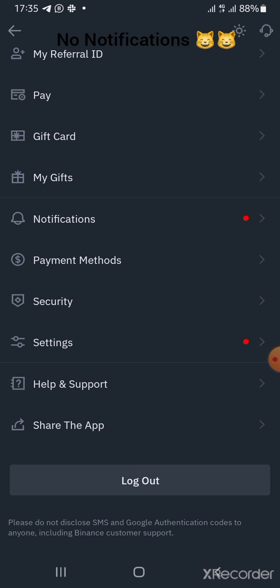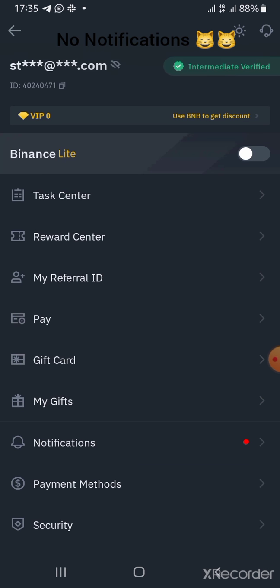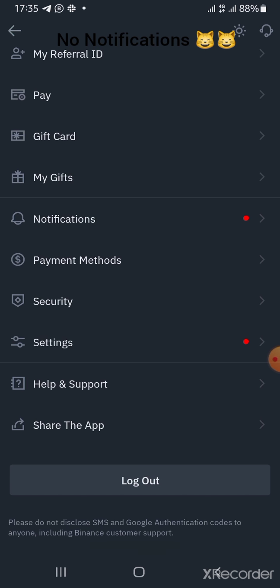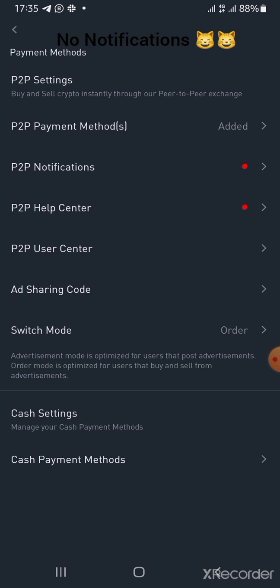So under payment method, if you're using Binance Lite, you have to switch to Pro. This is the Binance Pro version. So under your payment method, you could click on it. You see P2P settings, payment method.